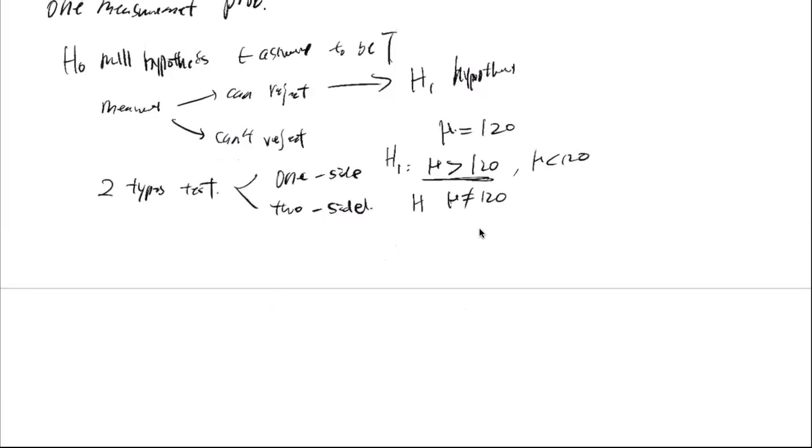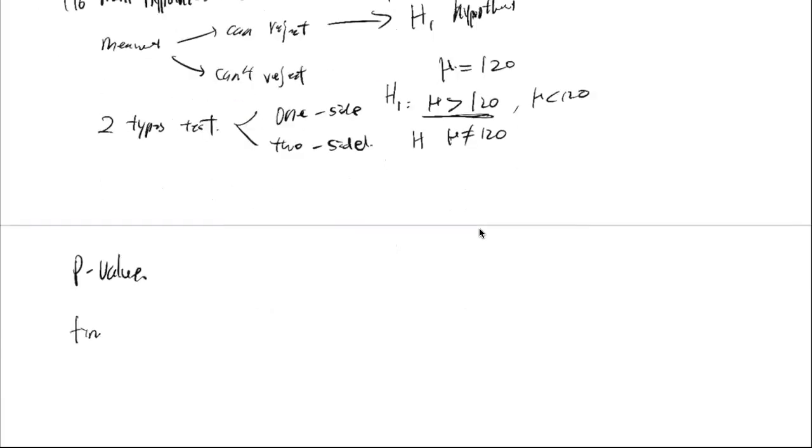And then we move to how we actually calculate the result. There are two ways you can draw a conclusion. One is to calculate the p-value, and one is to find the rejection zone.